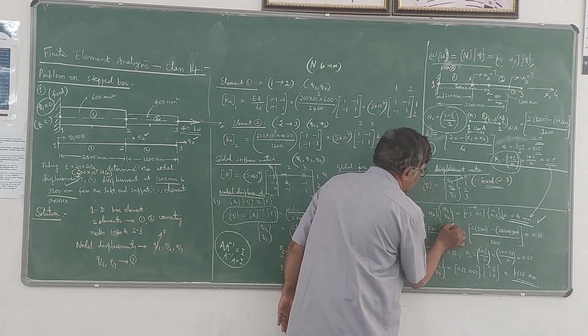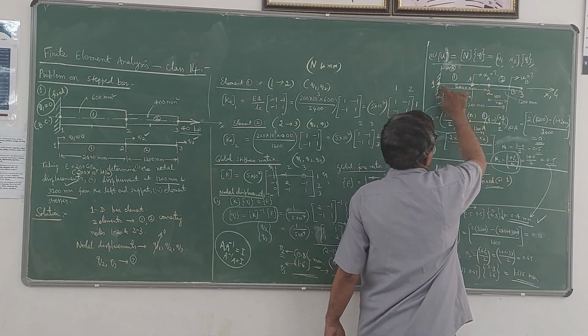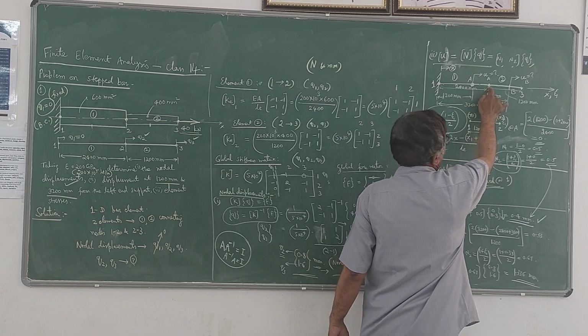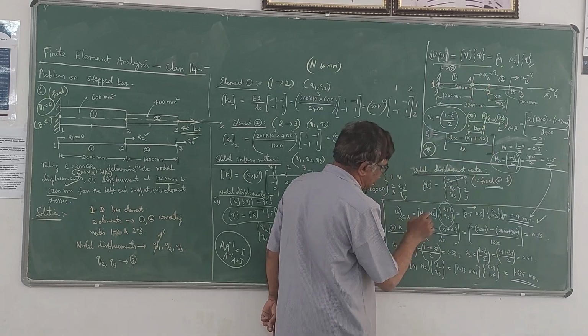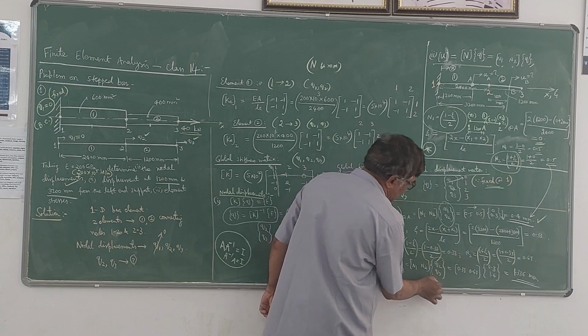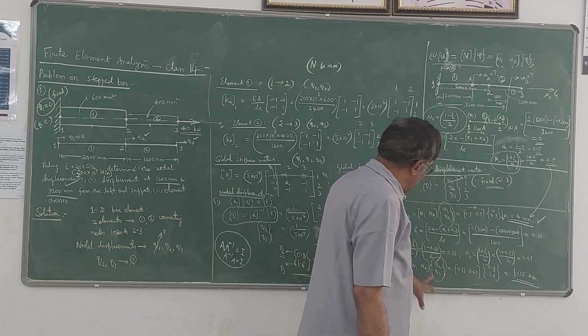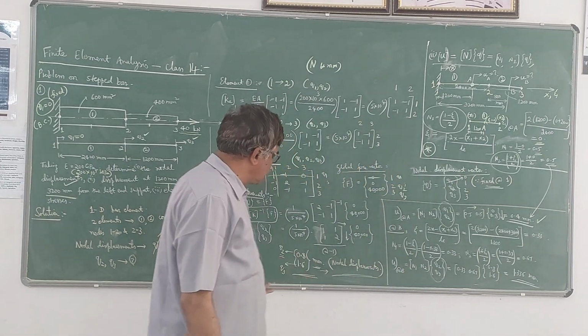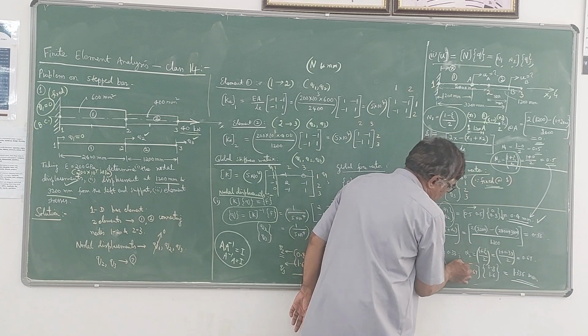Here it is q1, q2 because the point A lies in the first element. You have to take q1, q2 as the nodal displacements. In the second case, since the point B lies in the second element, we have to take the nodal displacements as q2, q3. Now we have the values of q2, q3 as 0.8 and 1.6. Once again you multiply these two.